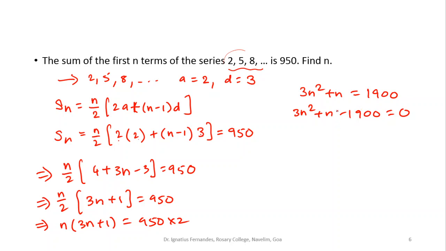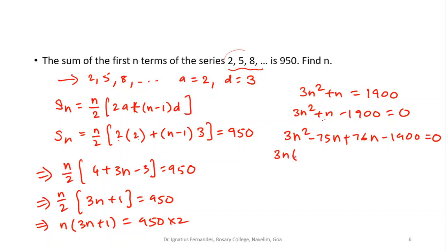Okay, so I want to split this middle term. Their sum should be 1 and their product should be 3 into minus 1900, so minus 5700. So the numbers will be 76 and 75. So we'll write this as 3n square, minus 75n plus 76n. 76 minus 75 is 1 and their product is minus 5700, minus 1900 as it is, equal to 0.